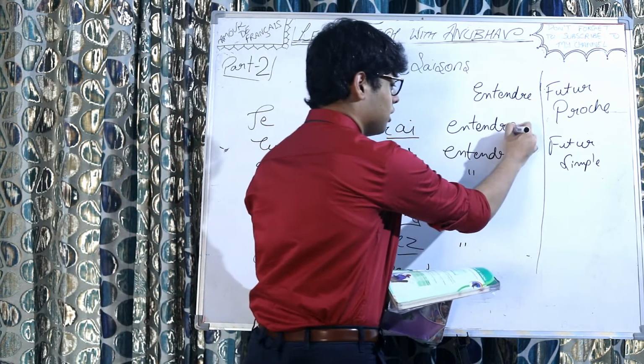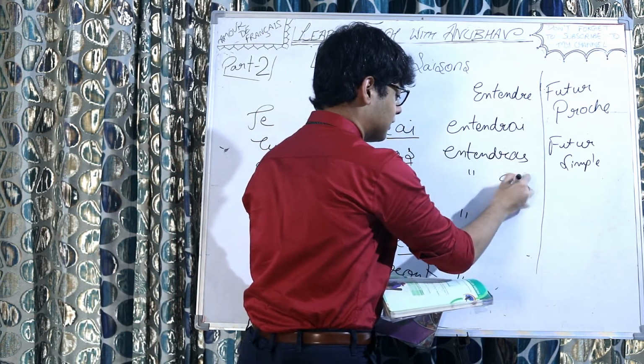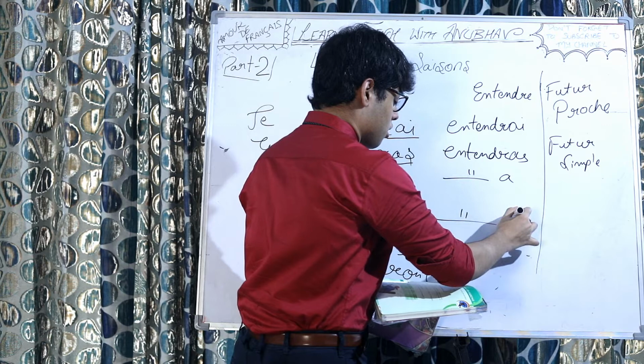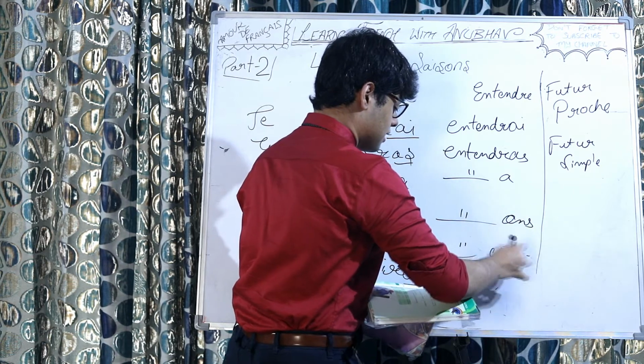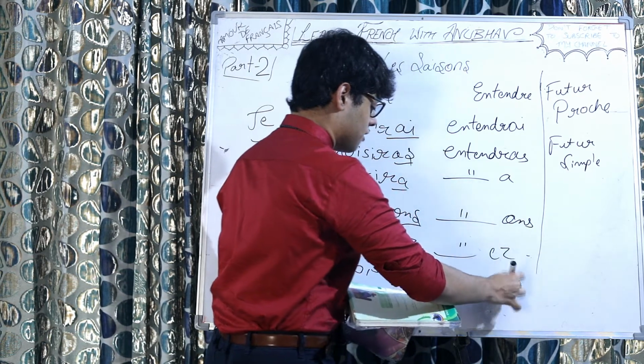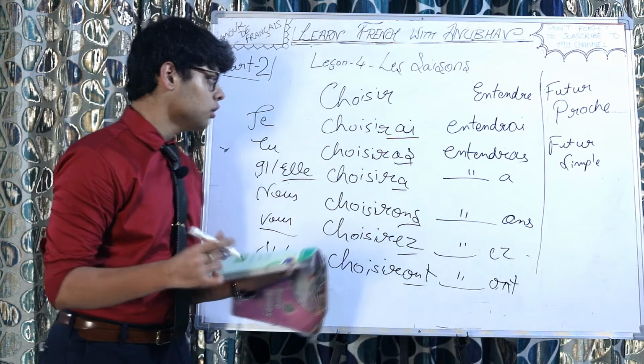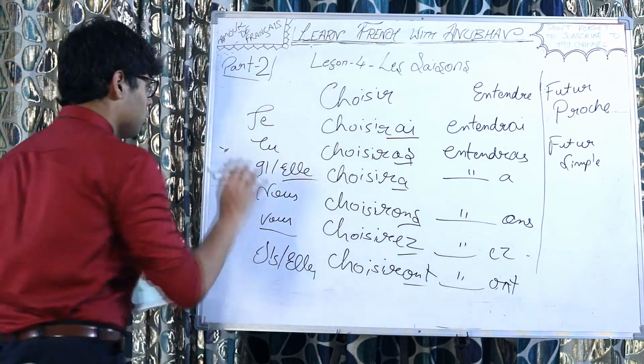Like for je, it's ai, then as, a, ons, ez, ont.